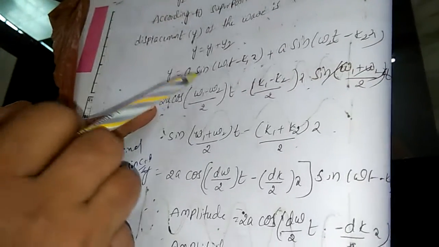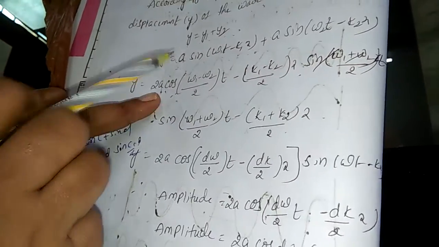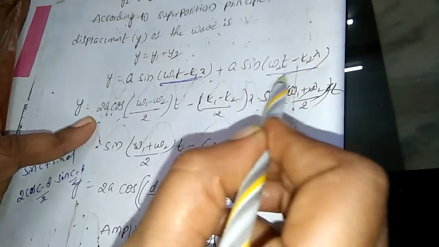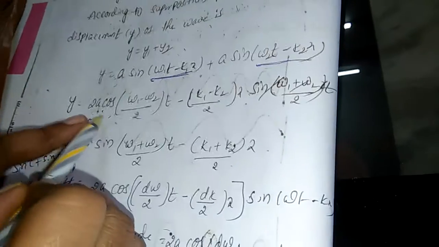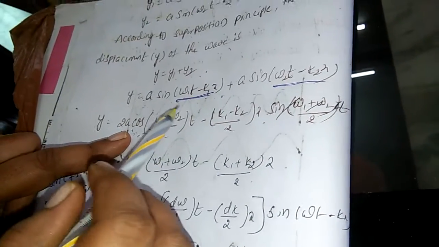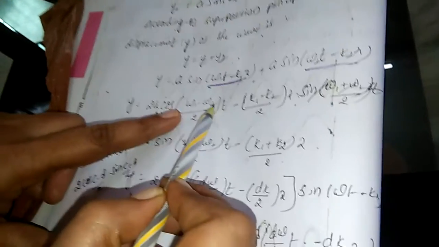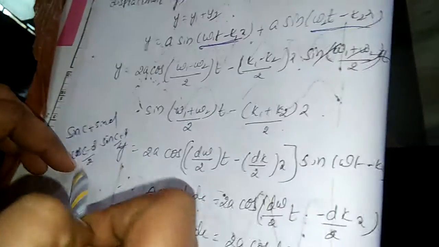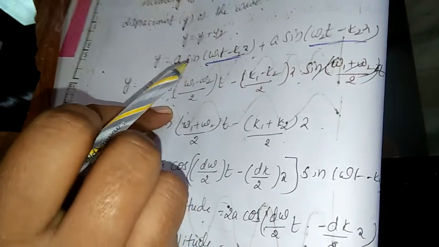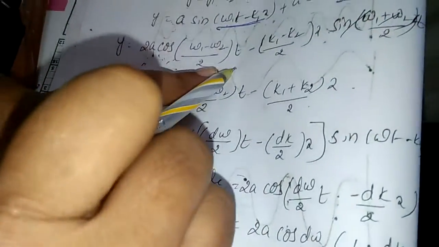we get 2a as the factor. Next the cos term: this total term is c and this total term is d. In the cos term we take c minus d by 2, that is (omega1 minus omega2)/2 into t minus (k1 minus k2)/2 into x.